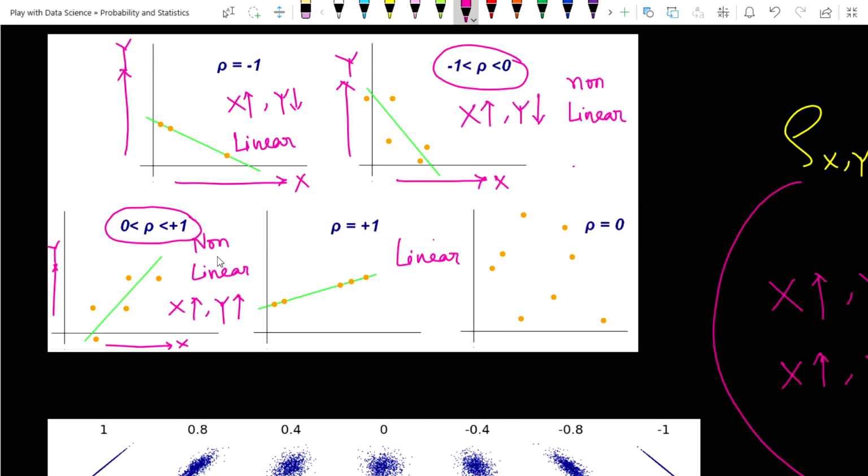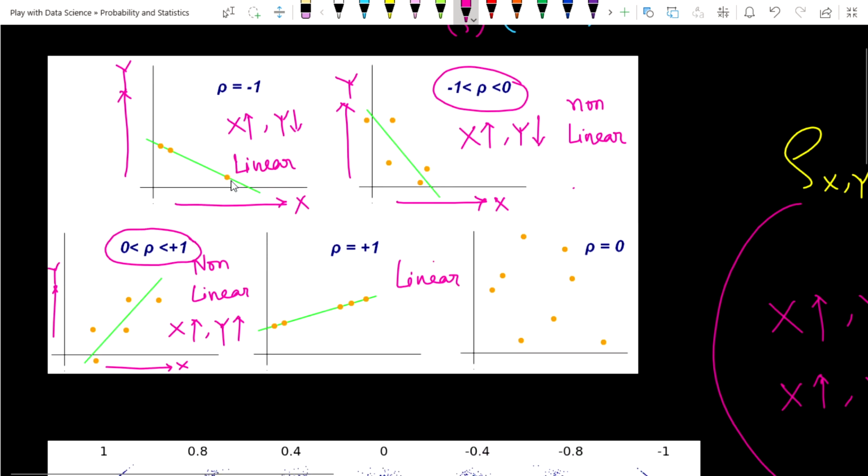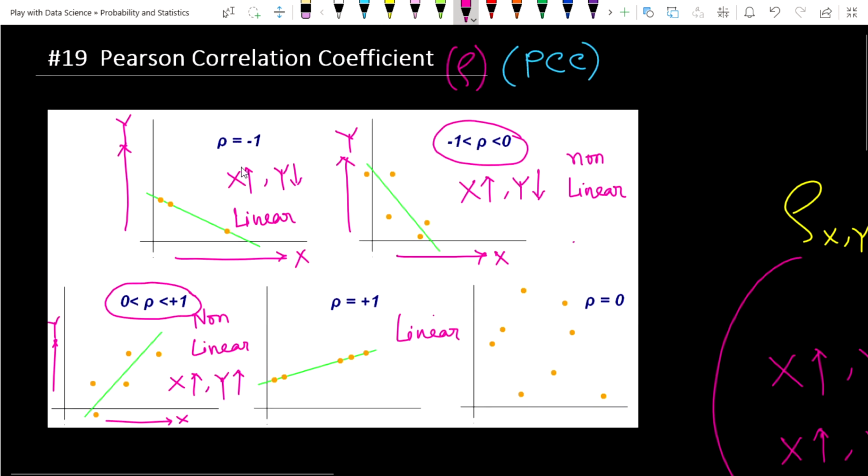From the covariance concept, we cannot properly say whether it lies on a line. But from the Pearson correlation coefficient we can easily decide whether it is properly linear or not. If our rho value is properly 1 or -1, then we can conclude that it is properly linear. But if it is not, then we cannot conclude it is properly linear.